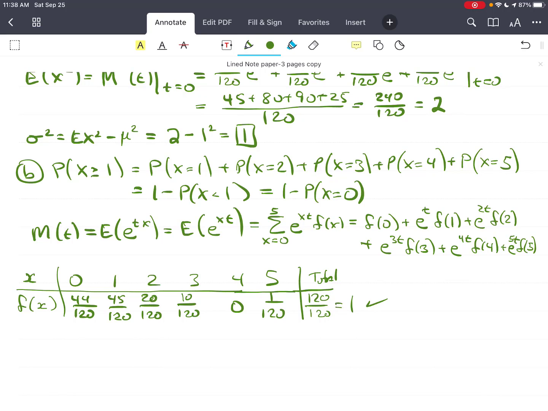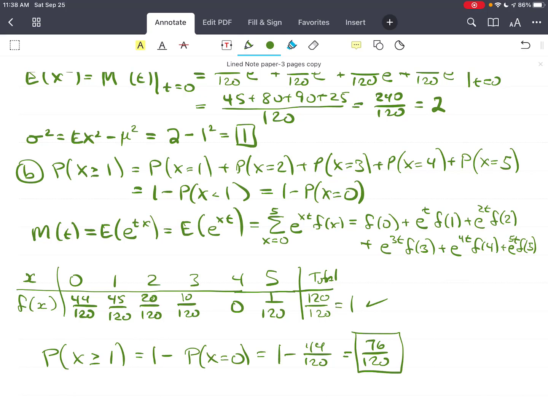So I want the probability that x is at least 1, and I'm going to use the shortest way of finding that: 1 minus the probability that x is equal to 0, which is 1 minus 44 over 120, which is 76 over 120, which can be reduced to 19 over 30.